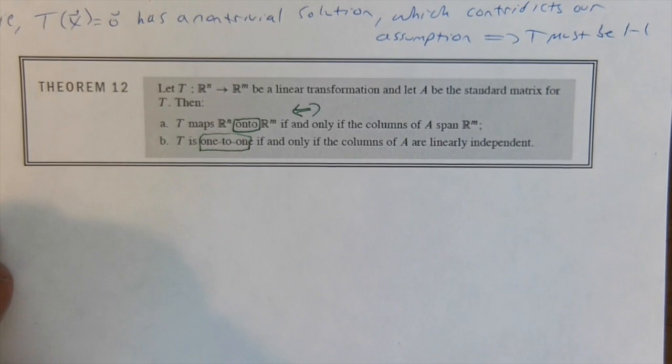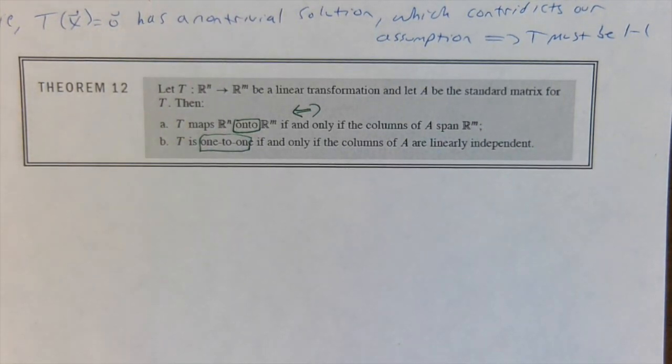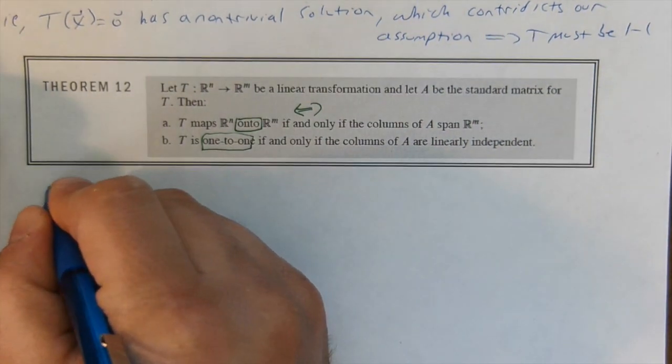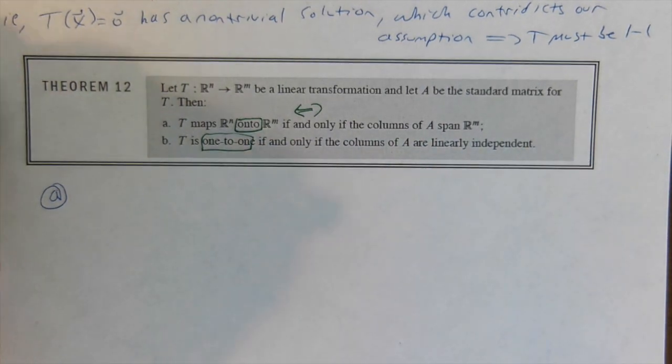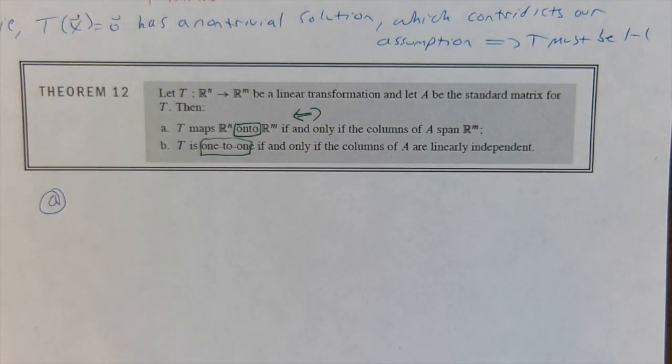I'm telling you something new, but you should really be thinking, oh, I kind of already knew that. So let me explain A, for example. A is talking about onto. It's saying we'll have an onto transformation if the columns of A span Rm. Well, we previously showed that the columns of A span Rm if there's a pivot in every row. And that's the definition of being onto.